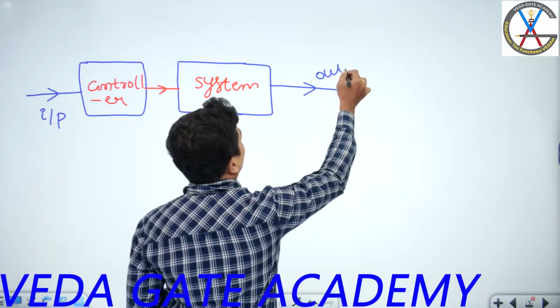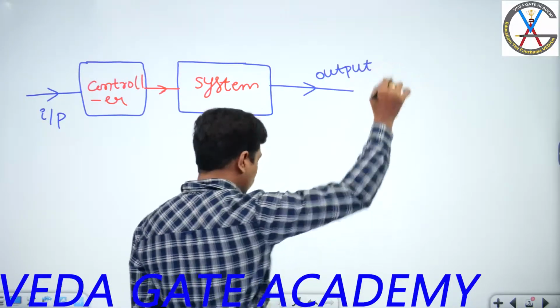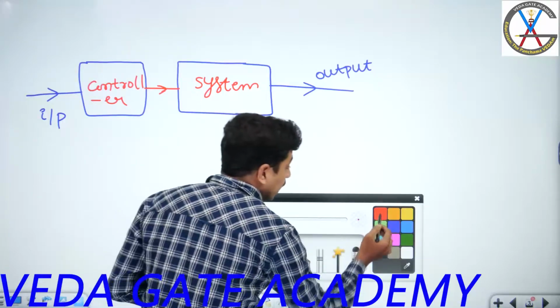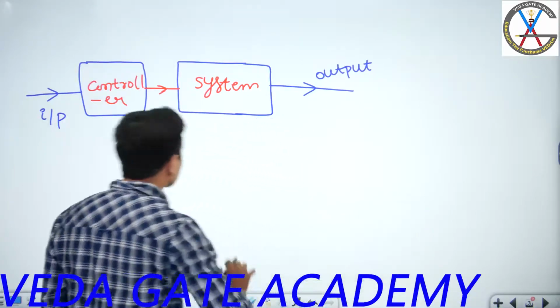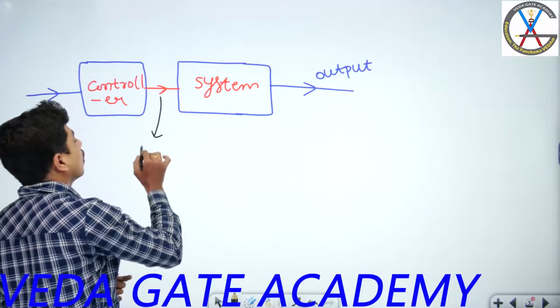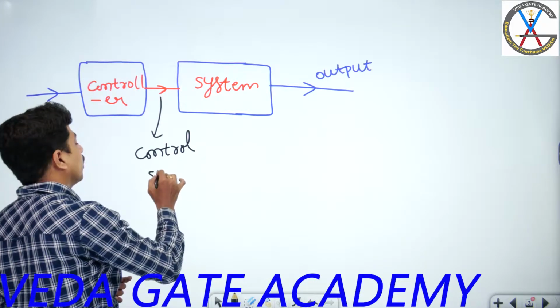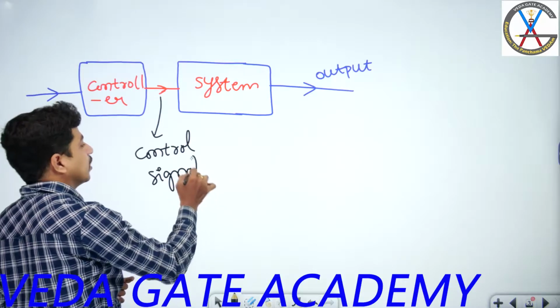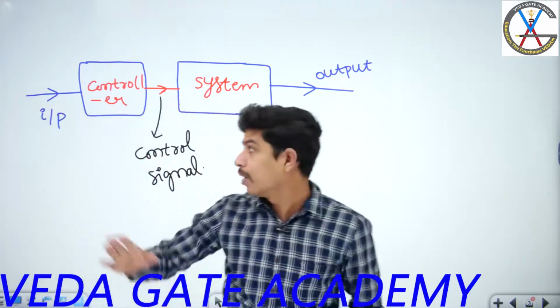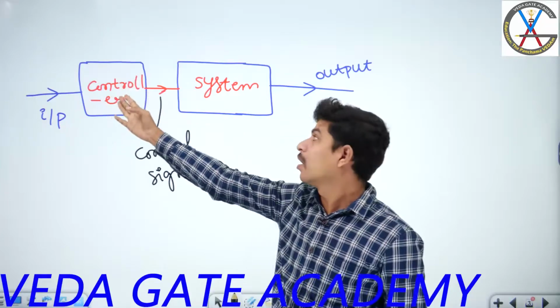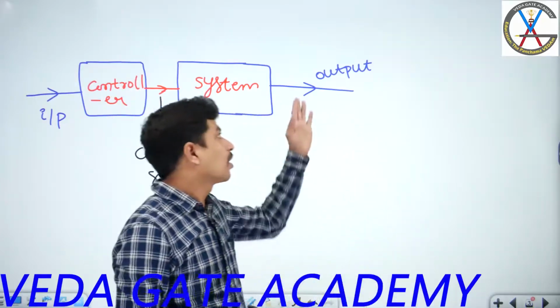The output. The output of this controller is called what? Control signal. Very, very important. We have input, we have controller, we have system, and we get the output.